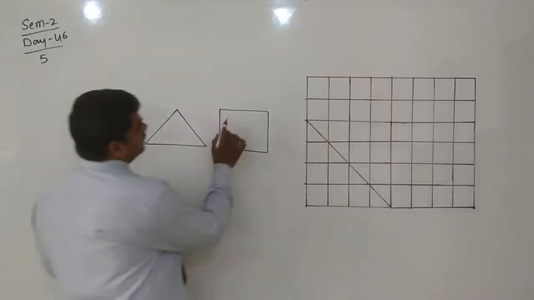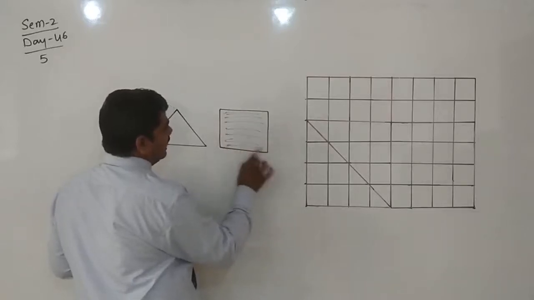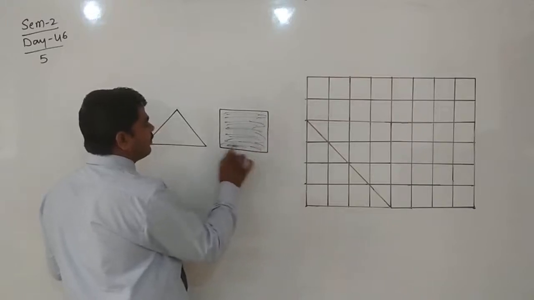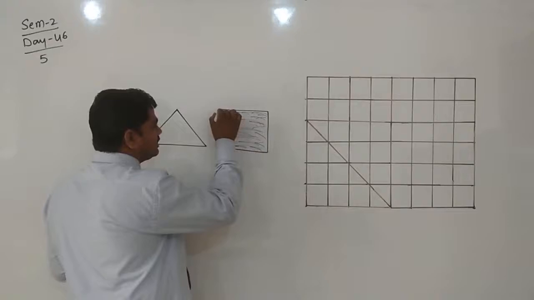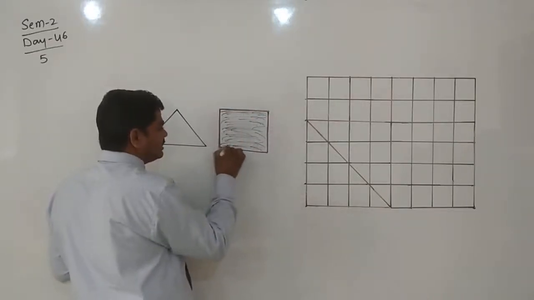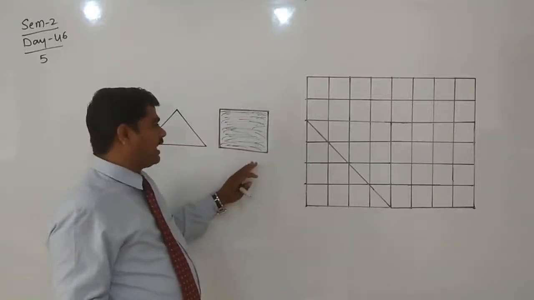This is the plane surface enclosed by its sides. This surface we can call the area of the square. Enclosed means it is bounded by its four sides.